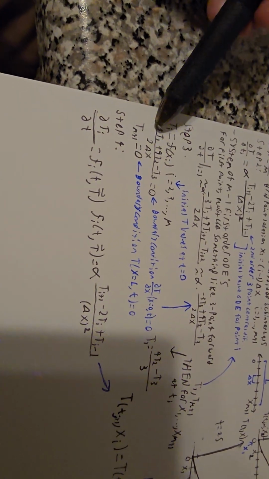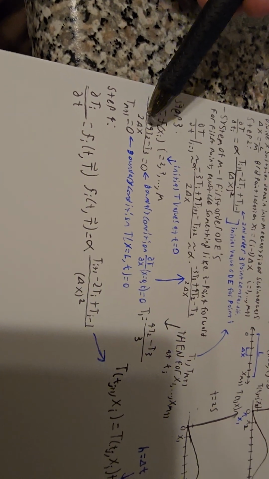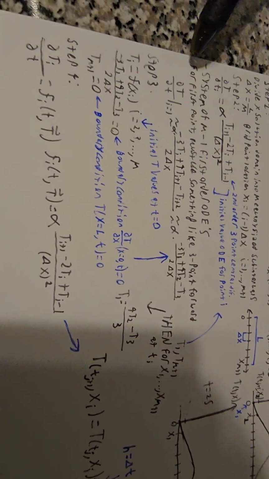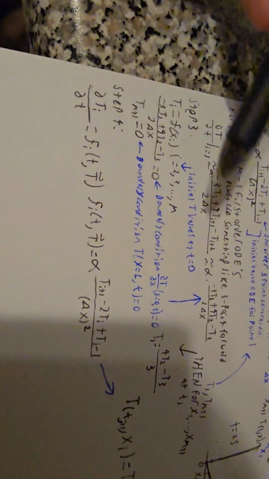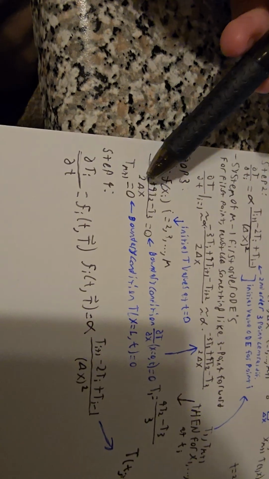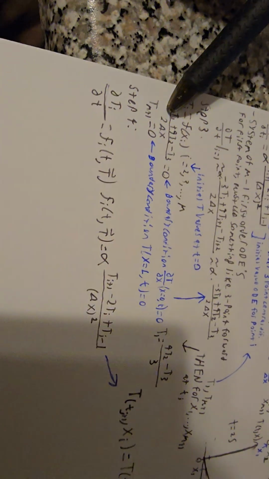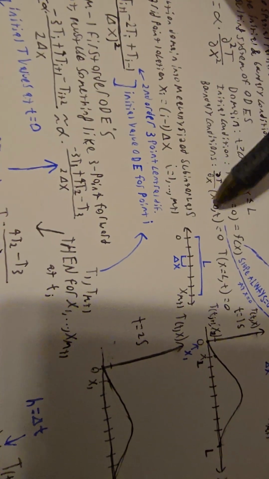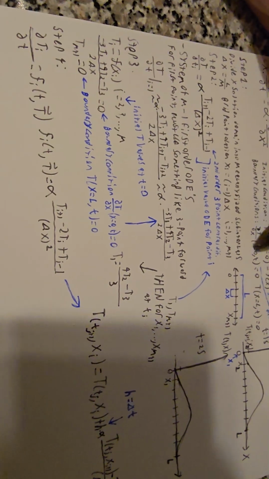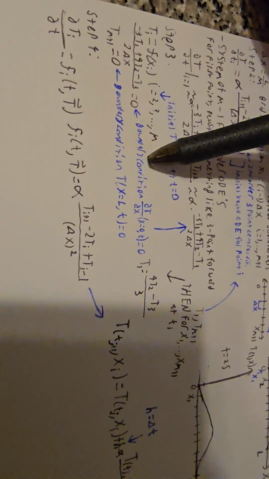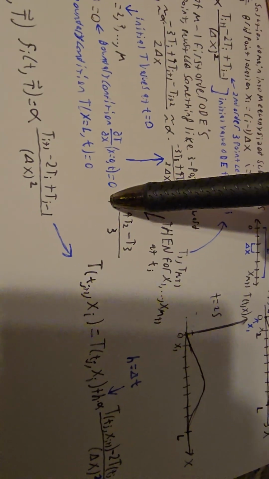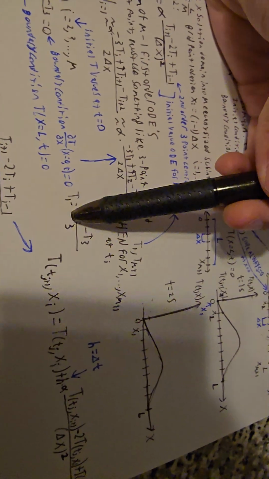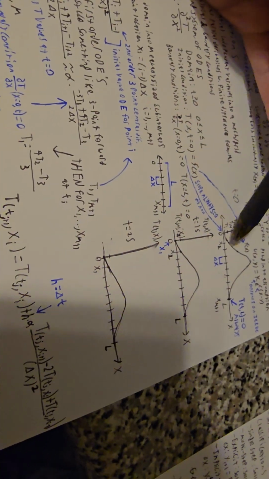So this is the 3-point forward approximation for the first derivative. And so we set that equal to 0, right? Because that's the boundary condition right here. That is equal to 0 at x equals 0, right? So that's 0. So that gives us a value for t1. This is the value of t1 that we use for all of these, right?